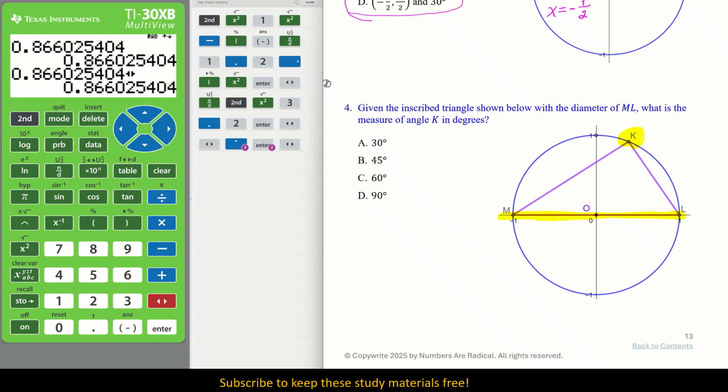If that is the case, then that automatically means that no matter where this K is, as we move it back and forth along our circle, doesn't matter where the point is. It could be over here. We could move it. Doesn't matter.